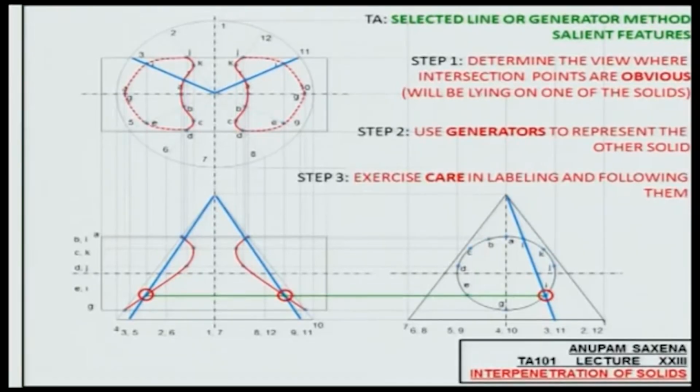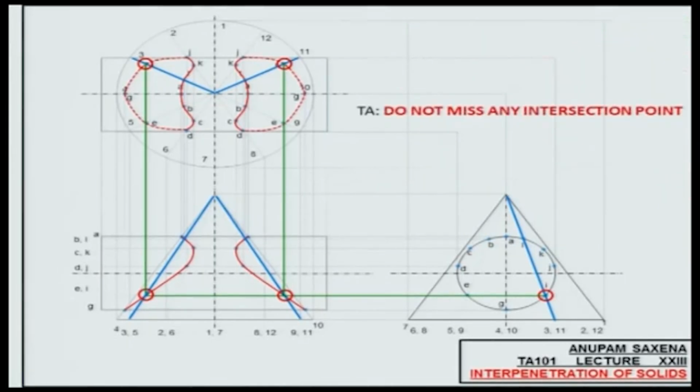All right. So once you have these intersection points, map them onto the front view. So this one will be lying on generator 11 and this one will be lying on generator number 3. Importantly, do not miss any intersection point.